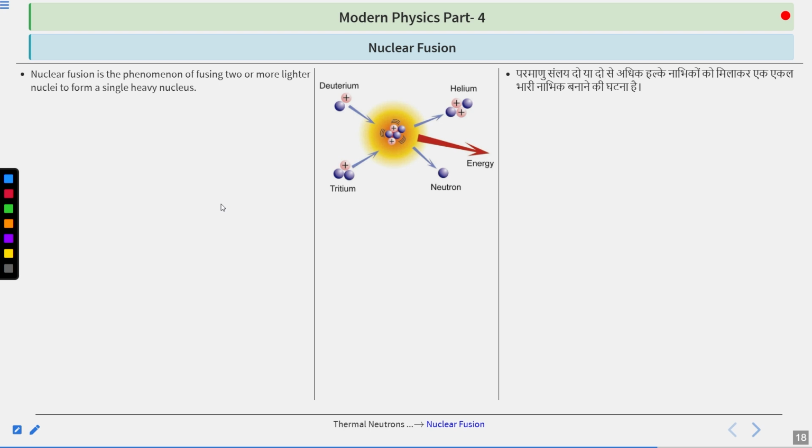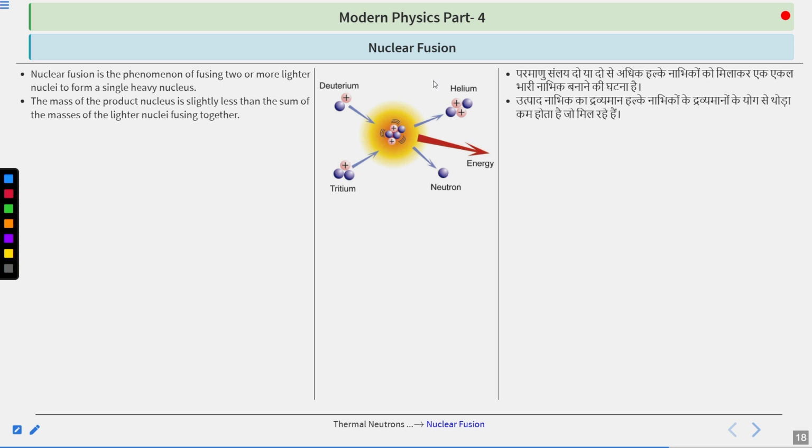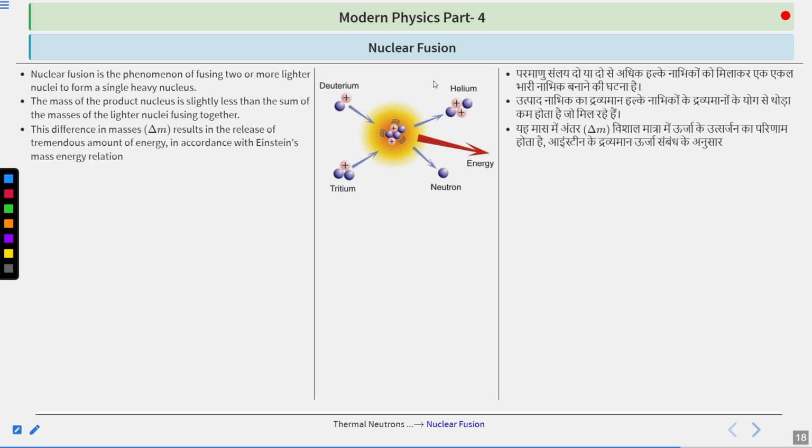Nuclear fusion is actually the phenomenon of fusing two or more lighter nuclei to form a single heavy nucleus. Now we are talking about nuclear fusion. The mass of the product nucleus is slightly less than the sum of the masses of the lighter nuclei fusing together. The difference in masses, delta M, results in the release of a tremendous amount of energy in accordance with Einstein's mass-energy relation, where E equals delta M c squared.